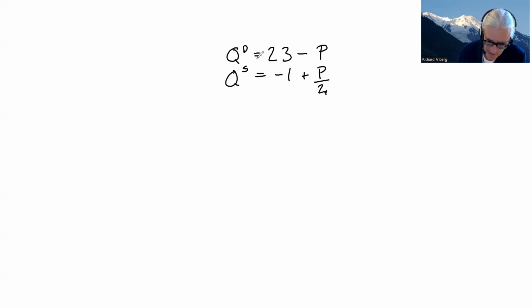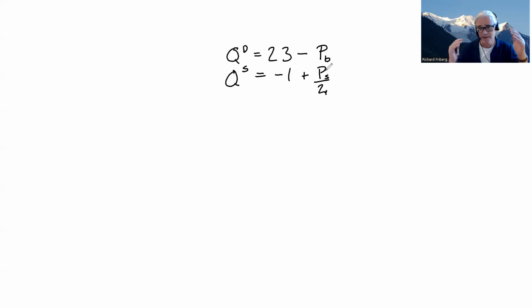So quantity demanded will be dependent on the price that consumers or buyers are paying. Okay, so PB, that's the price inclusive of the tax. Whereas the supplier price will be net of the tax, so PS.